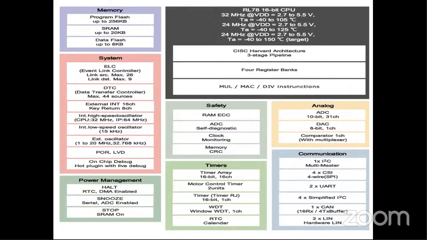There are also timers, including motor control timers, a watchdog timer, and a timer array. Along with that, there is a power management unit and a system unit. For inbuilt memory, program flash memory ranges up to 256 KB, static memory is up to 20 KB, and data flash supports up to 8 KB.